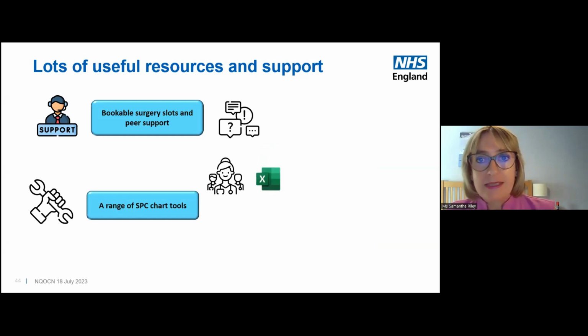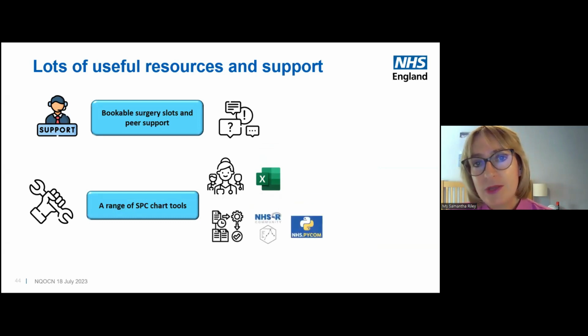I've already referenced the fact that we've got SPC chart tools in Excel. We've got a range of those, but also if any of you use Power BI or are experts on SQL, we have SQL scripts, we have Power BI tools. The NHS R community has developed a solution in R, and also the Python community, and that is all on the Futures site, and again, all freely available.